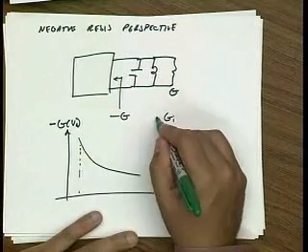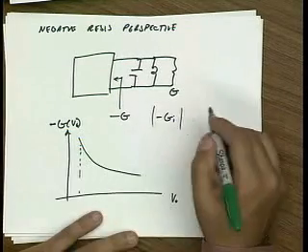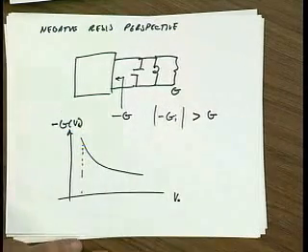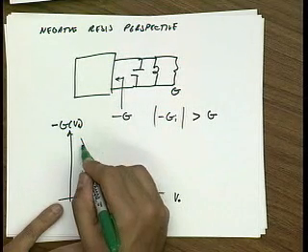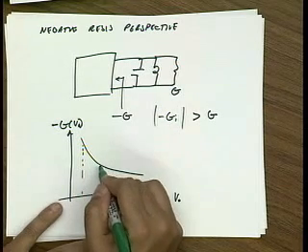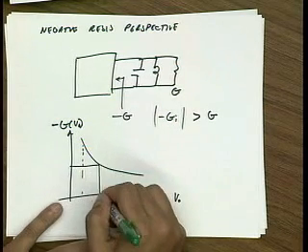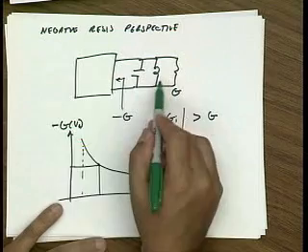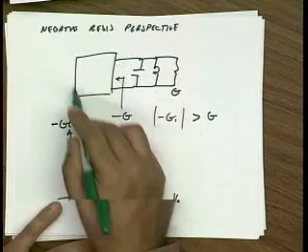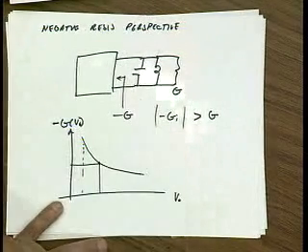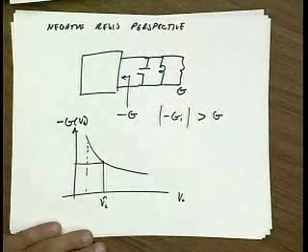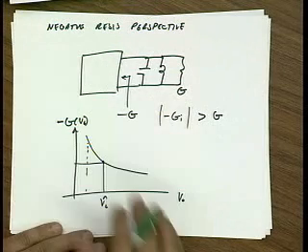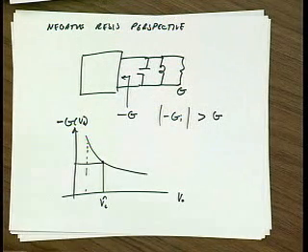So the absolute value of G initial is more than enough to compensate for the losses. But as the oscillation amplitude grows, the negative G compresses, and eventually it reaches a point where the losses in the tank are perfectly balanced by the negative resistance in here. And so that will be our steady state oscillation amplitude. Okay? So this is an equivalent perspective for how an oscillator works.